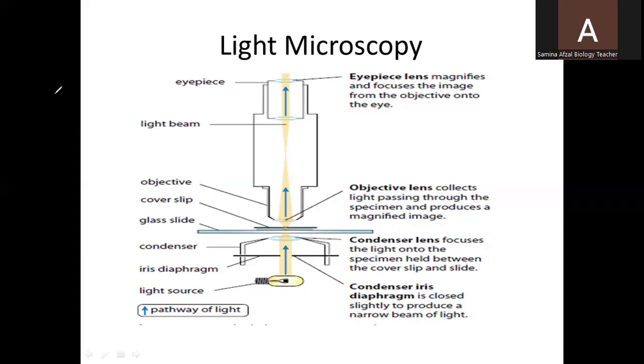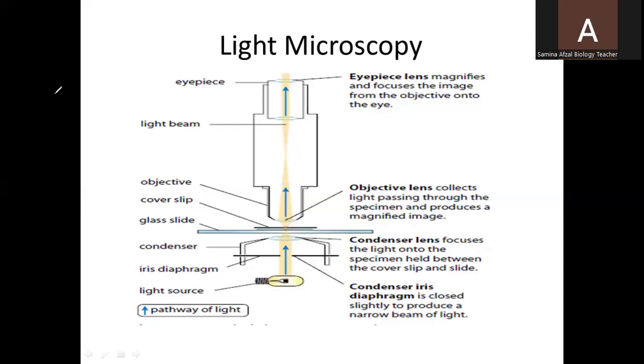Then you can see the iris diaphragm, just like our eye's iris, and then the condenser. Then we will study the functions which are given on the right side. The glass slide is used on the stage to observe the object. The cover slip should always be over it, and the objective lens is over there.